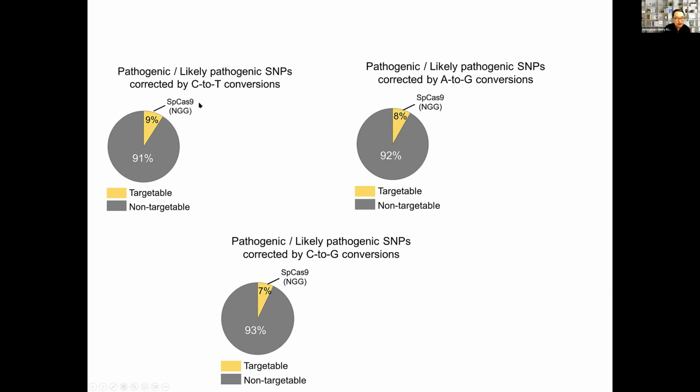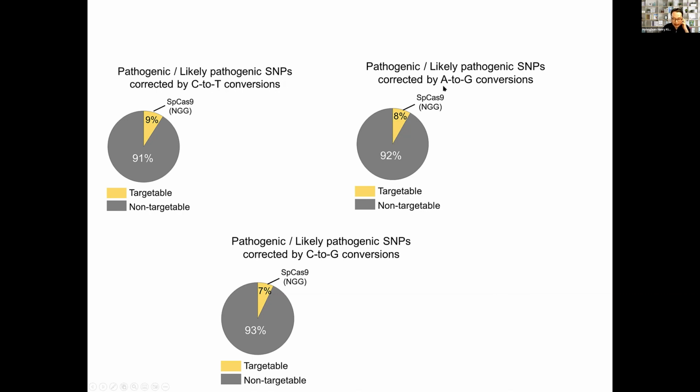For example, if we use SpCas9-based base editors, which have NGG as the PAM sequence, we can target only 9% of C to T conversions for pathogenic or likely pathogenic single nucleotide polymorphisms reported in ClinVar.